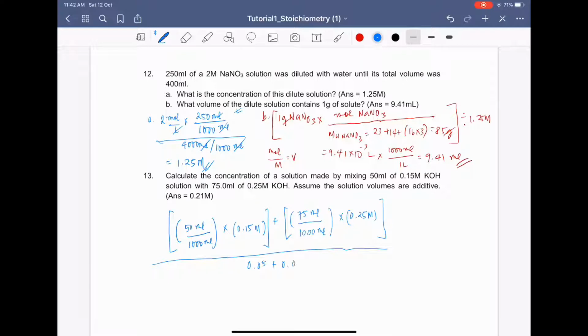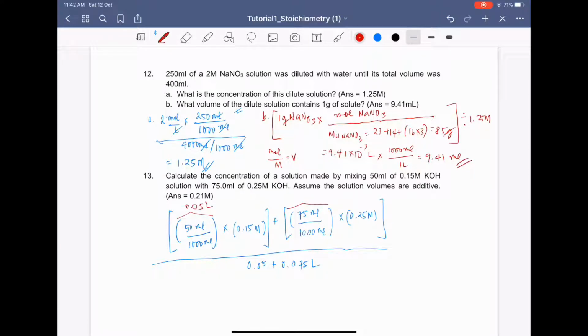And then divide by, it was stated there that let us assume that the solution volumes are additive. So the first one, we have how much? 0.05 liter.